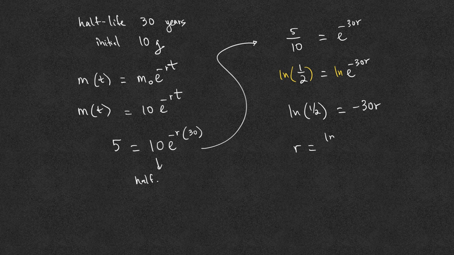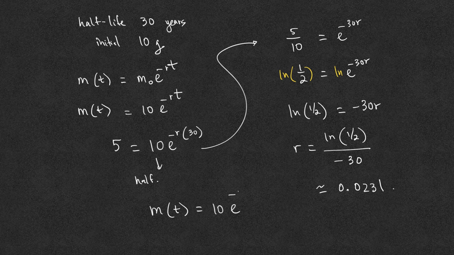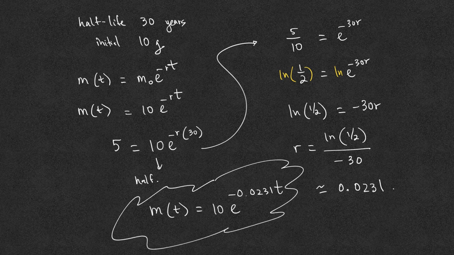R is ln of 1 over 2 divided by negative 30. If we put it in the calculator, we'll get r equals 0.0231, and so the equation is m of t equals 10 e to the negative 0.0231t, which is the same equation we got earlier.